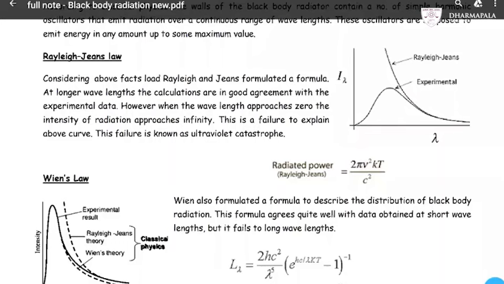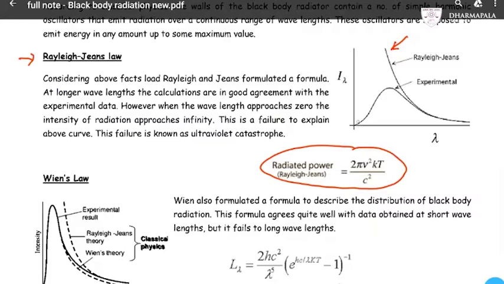Based on those views, some scientists tried to explain the blackbody radiation, the intensity distribution curve. One of them were the scientists Rayleigh and Jeans. They developed a formula like this, based on the classical wave theory, and you can see how their graph came out according to the equation.